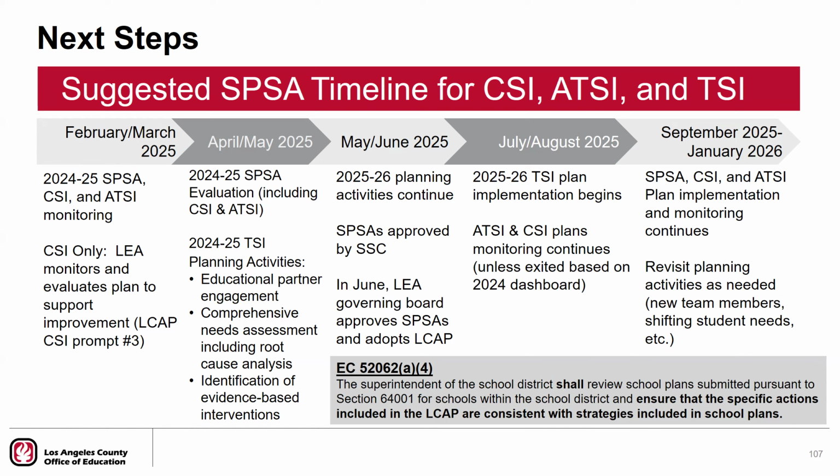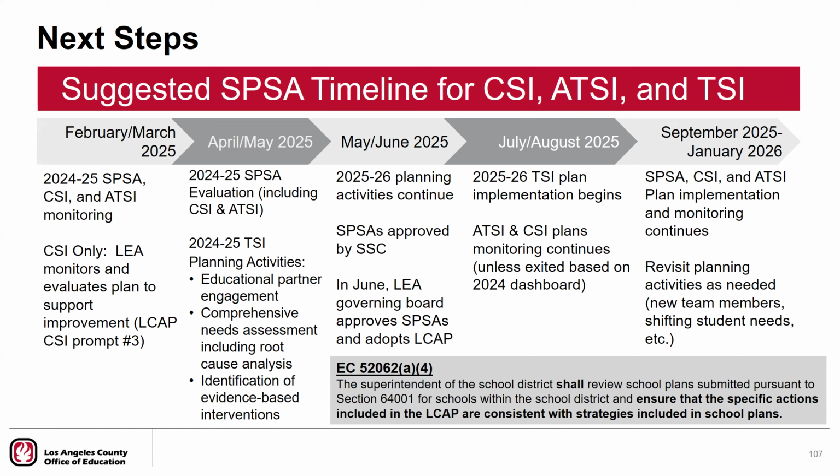These are similar to planning activities that schools identified for CSI or ATSI completed last year, with the exception that identification of resource inequities is not required for TSI schools. As a reminder, a school would not have more than one designation at a time for CSI, ATSI, or TSI.